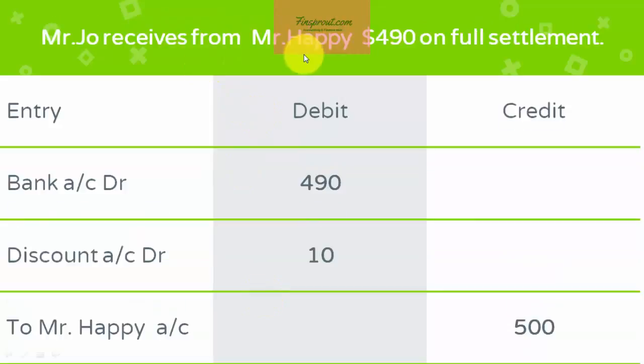Mr. Joe receives from Mr. Happy 4,090 on full settlement. Now Mr. Joe has given $10 discount to Mr. Happy. Discount is expense, so we will debit discount. Our bank balance is increasing, so we will debit $4,090 and the account of Mr. Happy will be closed through crediting his account $500.